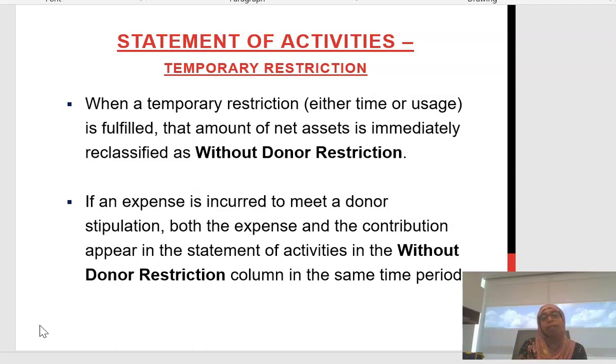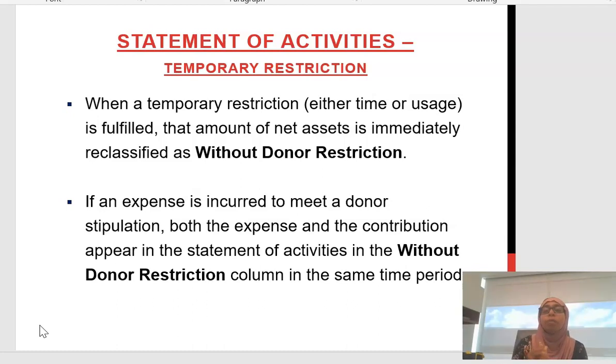And when these conditions or restrictions, no matter whether they are related to time or uses, are fulfilled, then we have to move it from the with restriction category to the without restriction category. And you will see those changes are also shown on the statement of activities.